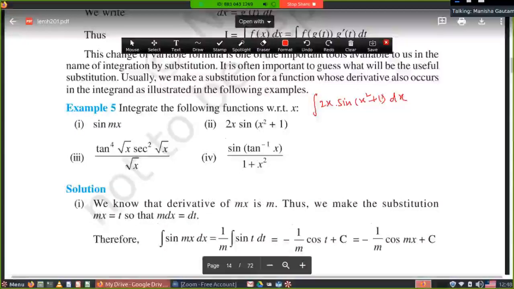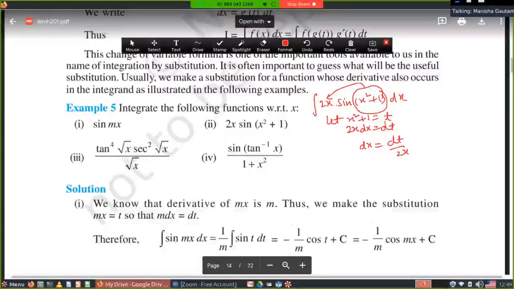Here I have taken x square plus 1, and its derivative is 2x. Now let x square plus 1 equal t. Differentiate it: 2x dx is equal to dt, or from here dx is equal to dt upon 2x.